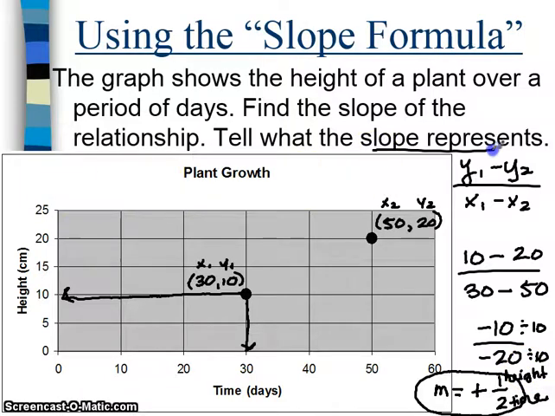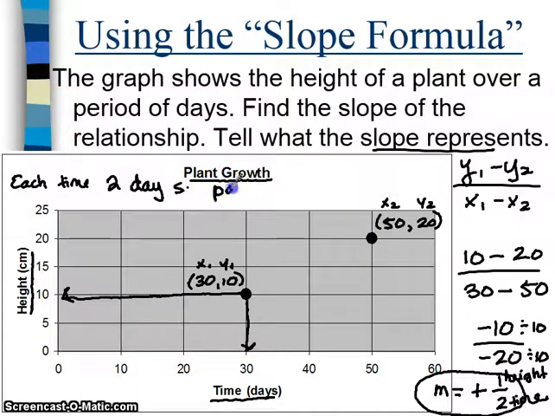That's what the slope represents in context to this graph that's about plant growth and relates the height, how the height depends on the time. So if we were to write a sentence, we would say each time 2 days passes, the plant grows 1 centimeter.